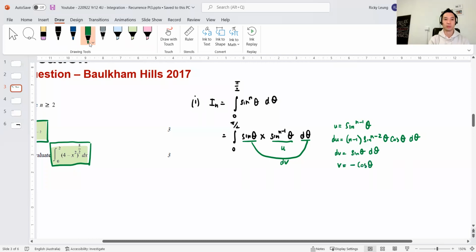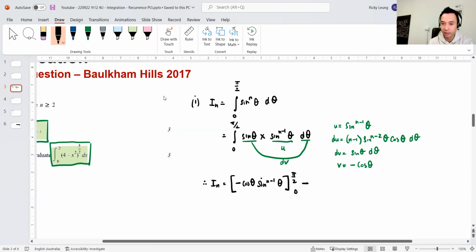Right, got my tools. Therefore, with the limits, uv, u times v, is negative cos theta sine^(n-1) theta. I'm hoping that the limits take care of this. So at pi on 2, cos pi on 2 is 0. Sweet, this whole thing gets zeroed.